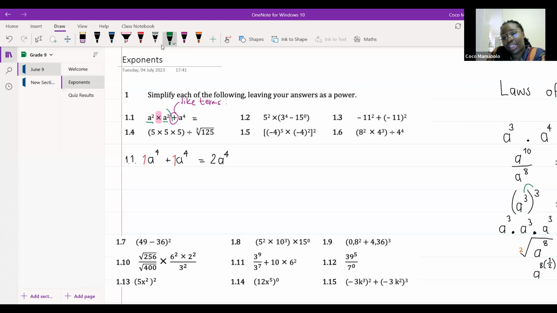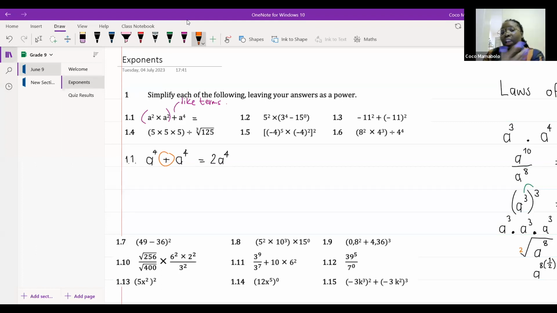I can see that these two things over here have the same base, so I can keep my base a and add my exponents. 2 plus 2 will give me a to the power of 4. So now I've dealt with these two, but there's still a plus a to the power of 4, plus a to the power of 4. Now my next operation is a plus.